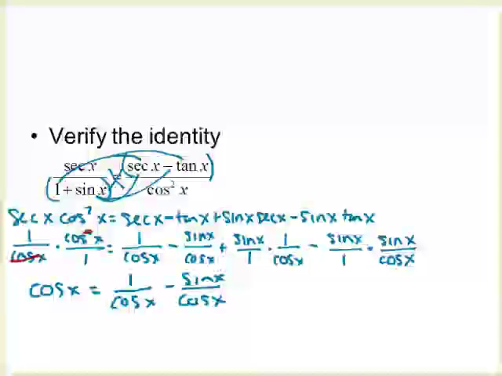Then I have a multiplication: sine over 1 times 1 over cosine. Does anything cancel? No. When we multiply fractions, a common student mistake is that we cross multiply. We cross multiply when there's an equals between them. This is a times between them, so we just smoosh them together, multiplying straight across. Sine times 1 over 1 times cosine.